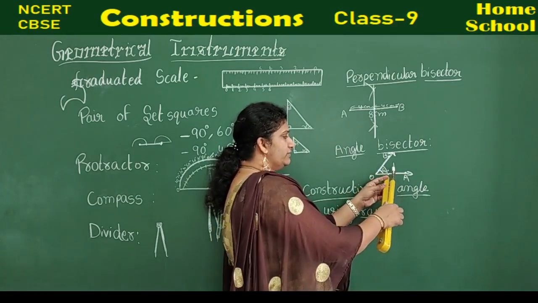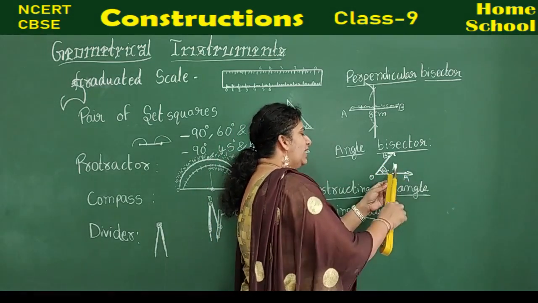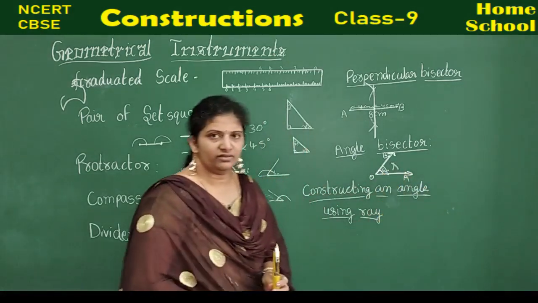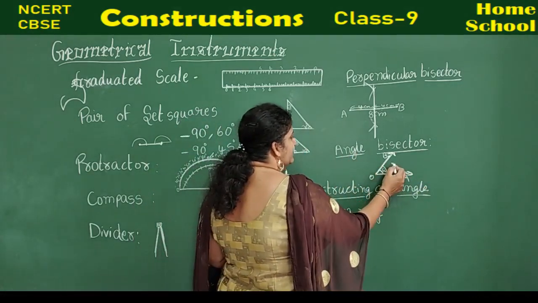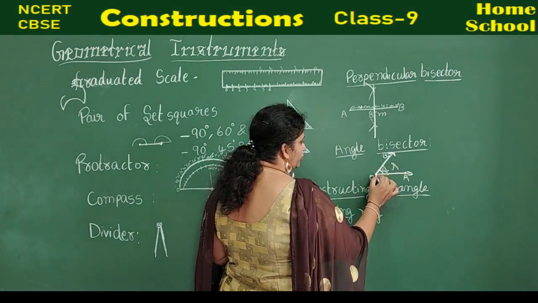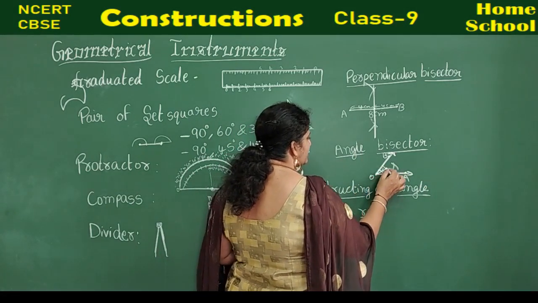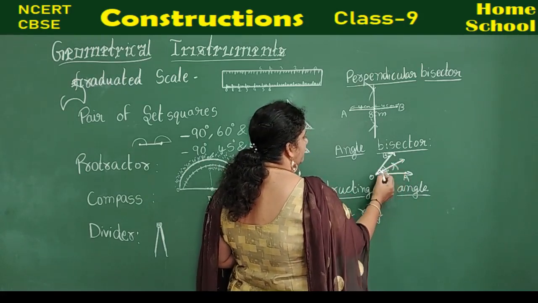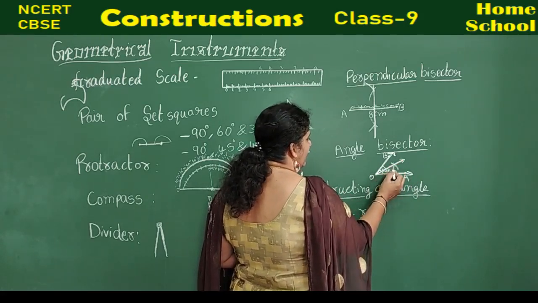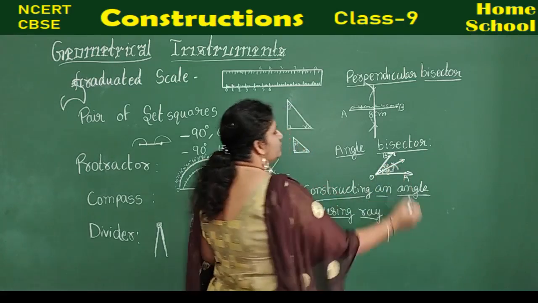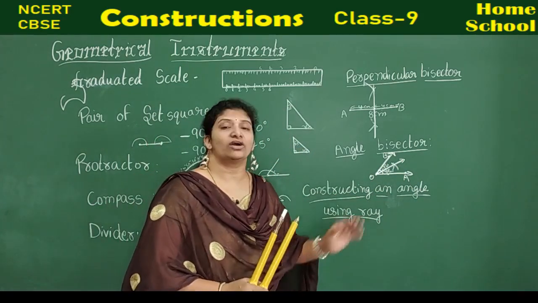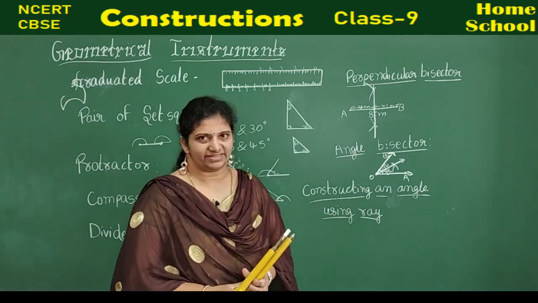Lift the compass and with this other point as a center, cut the arc. Where the two arcs intersect, from that position to O, using a scale, you can draw a ray. See here, this exactly divides the angle into 20 degrees and 20 degrees. Right? This is the way we need to construct the angle bisector.